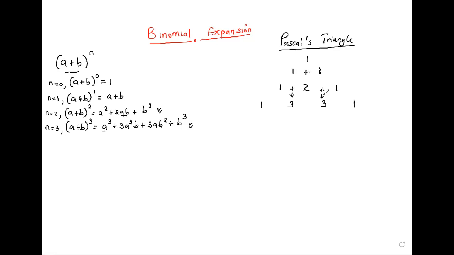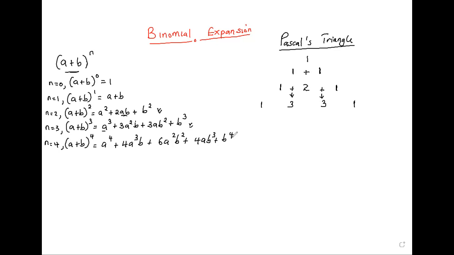Okay. Then what about when n is equal to 4? That is a plus b to the power 4, which will give us a to the 4 plus 4a cubed b plus 6a squared b squared plus 4ab cubed plus b to the 4.